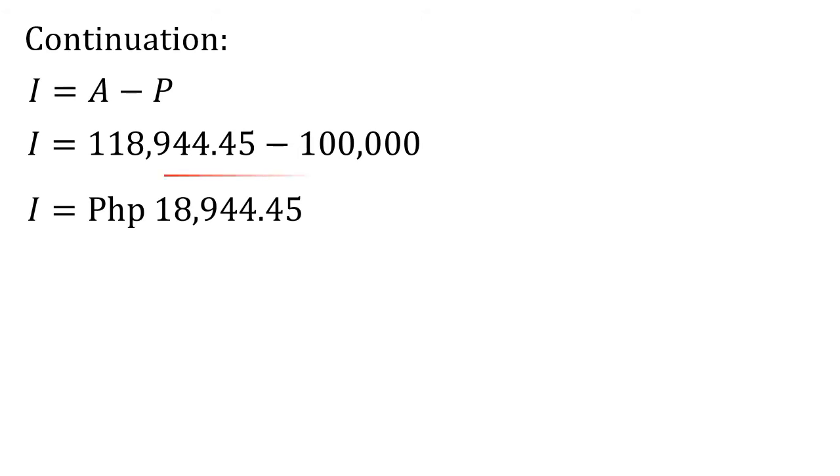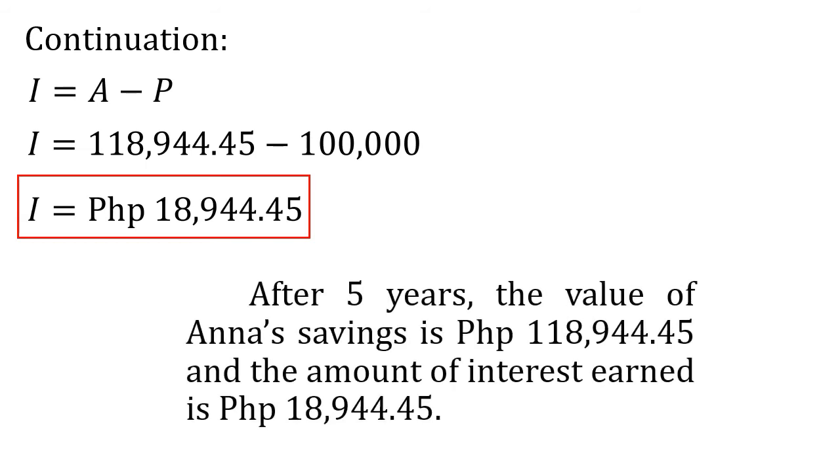So the amount of interest is 18,944.45 pesos. After 5 years, the value of Anna's savings is 118,944.45, and the amount of interest earned is 18,944.45 pesos.